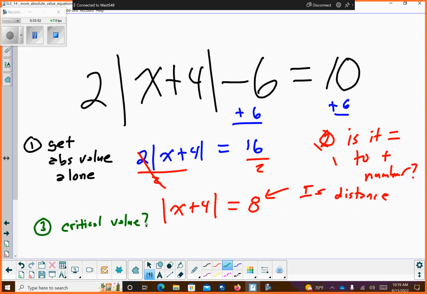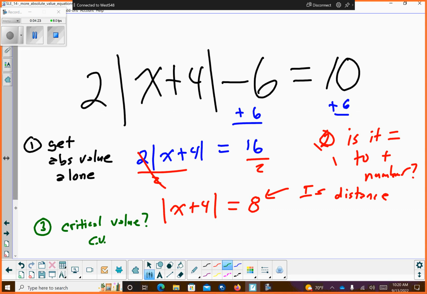All right. There was something that we brought up that was a brand new term yesterday. We called it critical value, and I abbreviated it with CV. What was the critical value? -4. Okay, so in order to find the critical value, you look inside your absolute value.